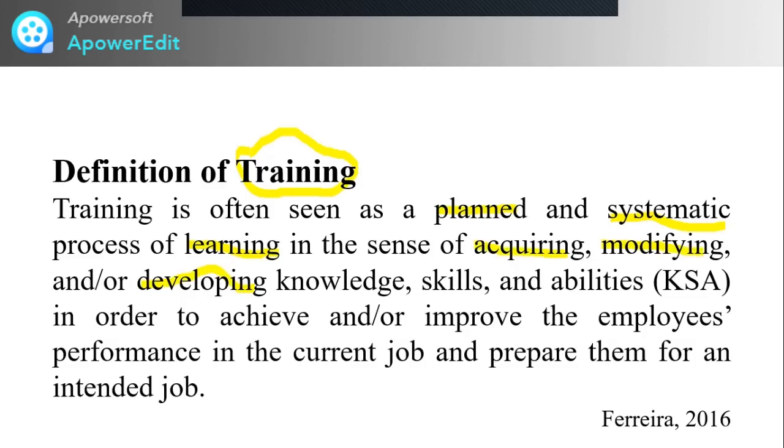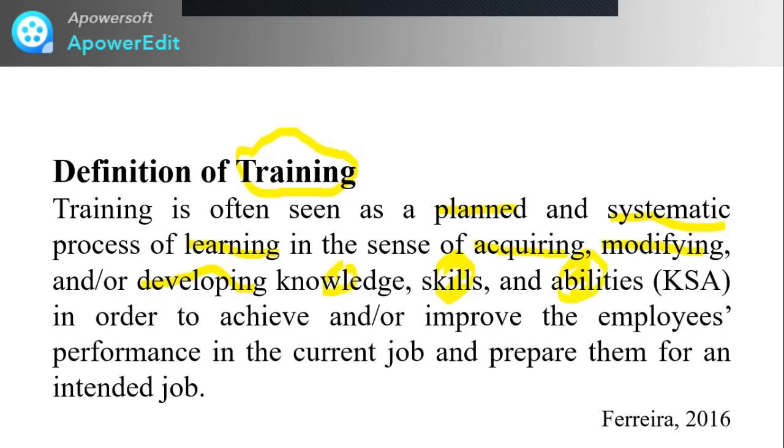Acquire, obtain, modify, change, or develop, enhance. What are the things we are acquiring, modifying, and developing? First, knowledge. Second, skills. Third, abilities. Knowledge, skills, and abilities, KSA.